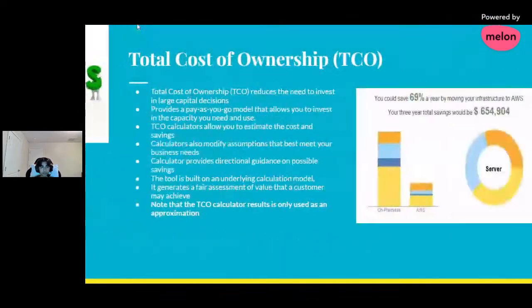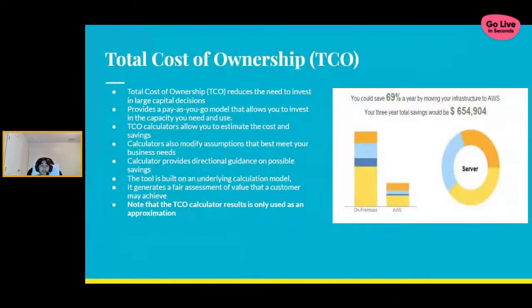Now for the total cost of ownership or the TCO. So the total cost of ownership basically reduces the need to invest in large capital decisions. It provides, once again, a pay as you go model that allows you to invest in the capacity you need and use. TCO calculators allow you to estimate the cost and savings, and the calculators also modify the assumptions that best meet your business needs.